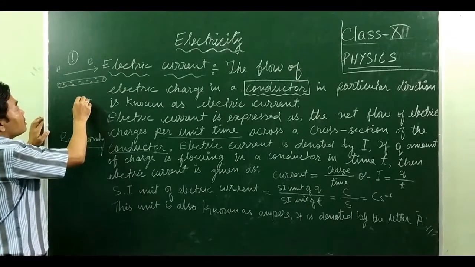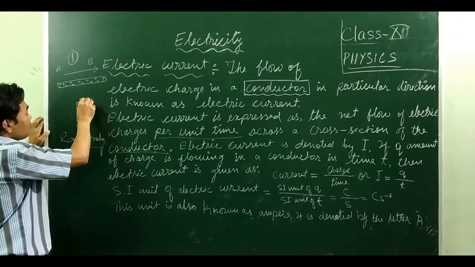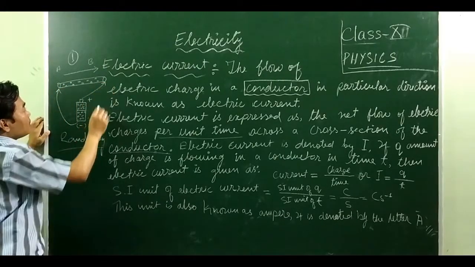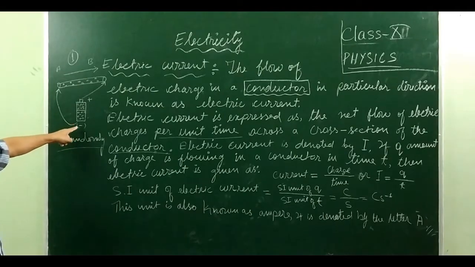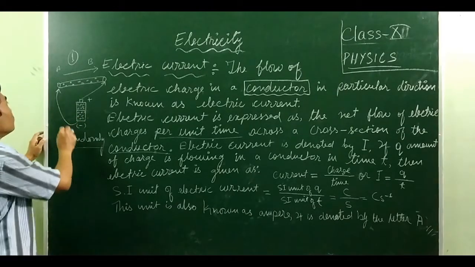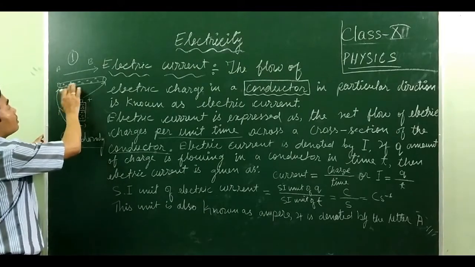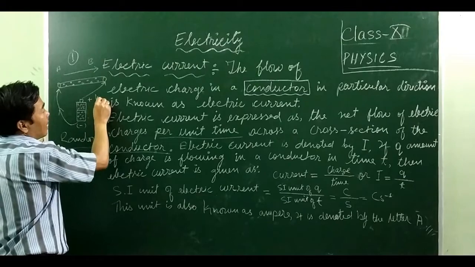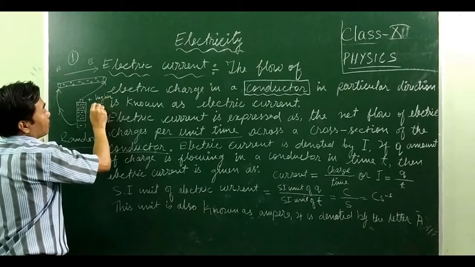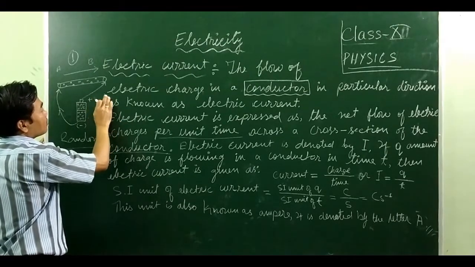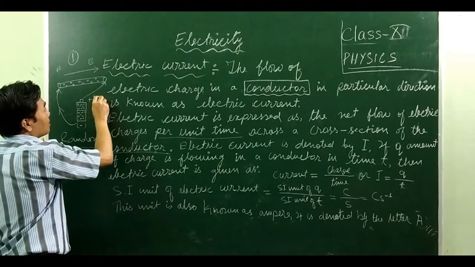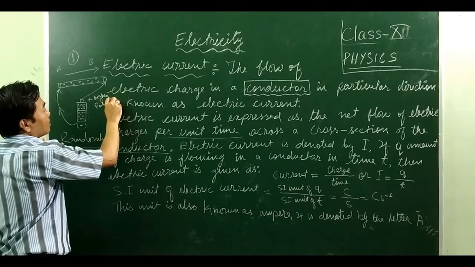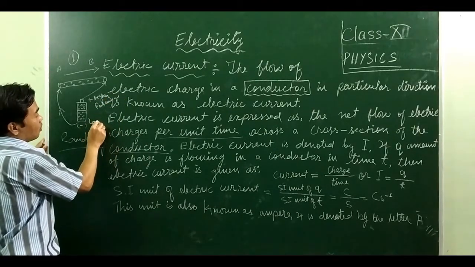Once the two terminals of the cell are connected with the wire, all the electrons start moving from the negative terminal to the positive terminal. This positive terminal is known as the higher potential, and this is the low potential.